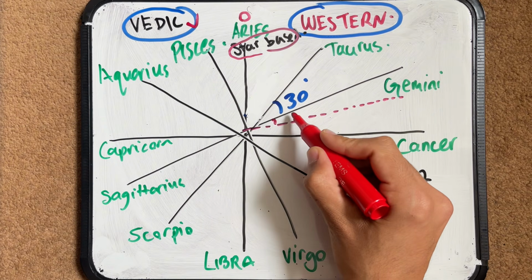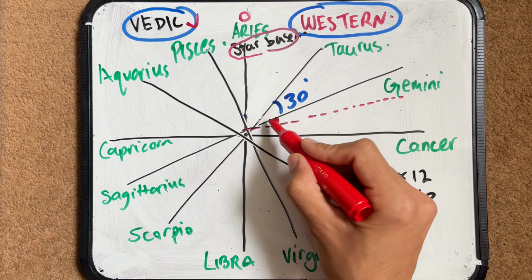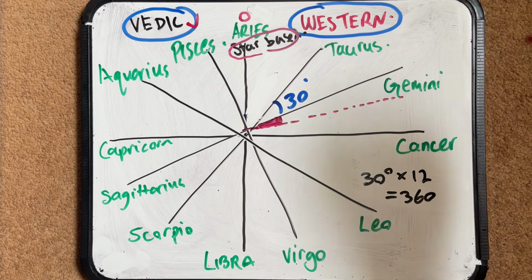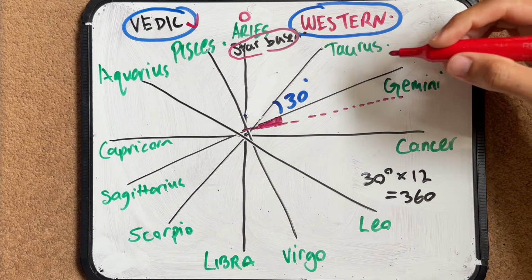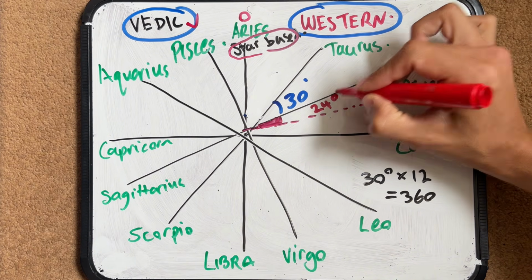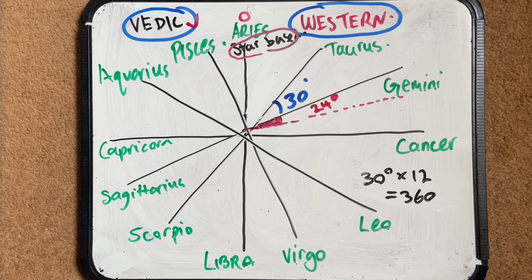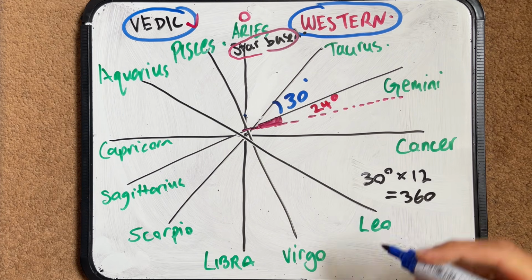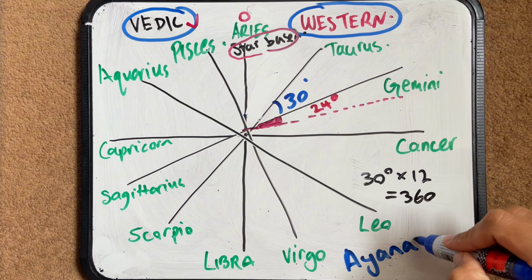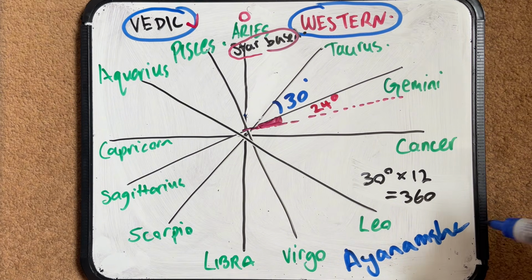The difference is called Ayanamsa in Vedic astrology. Ayanamsa means the difference in degrees between the tropical and sidereal zodiac.